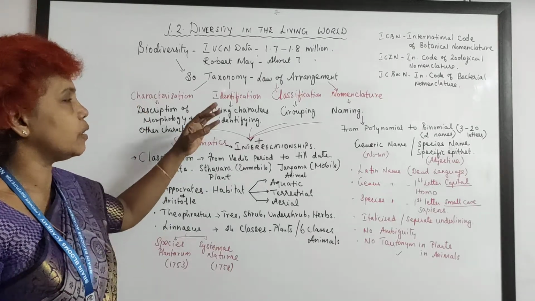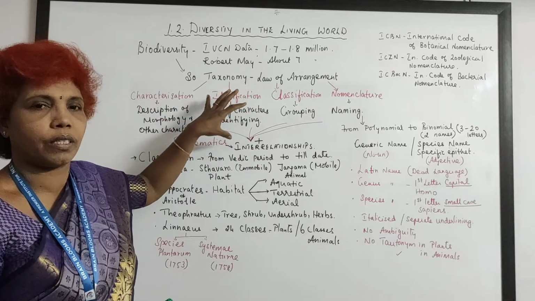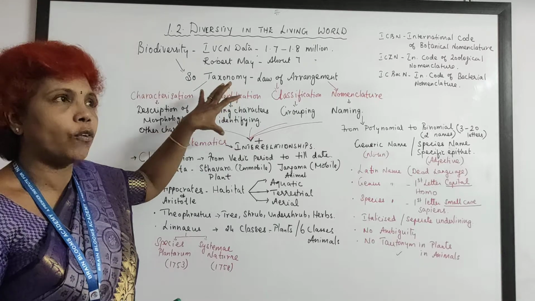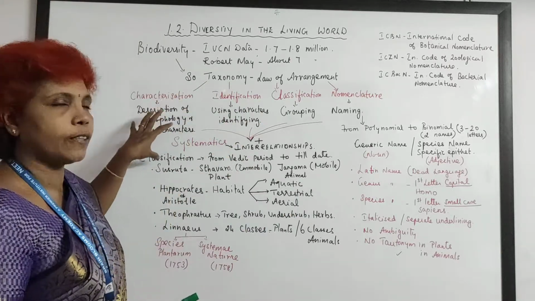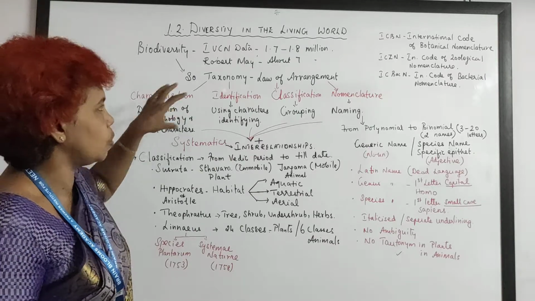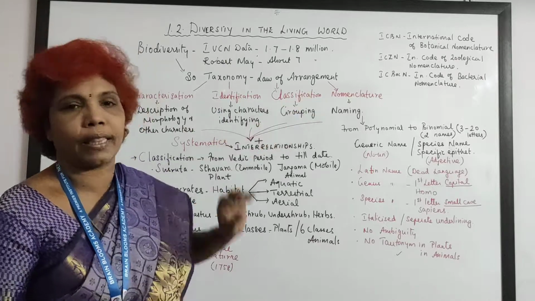And using all this, you are identifying. Identification is very important. Unless you identify, how can you put them in a class? How can you give them a name? So using morphological and other features, you identify, and then you group them.